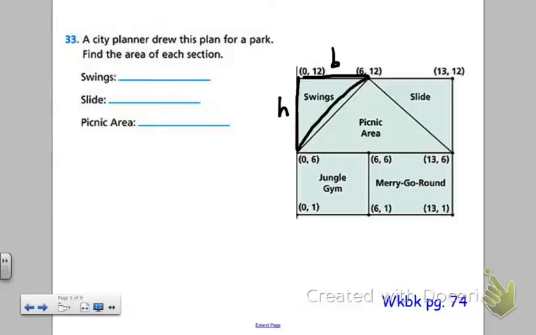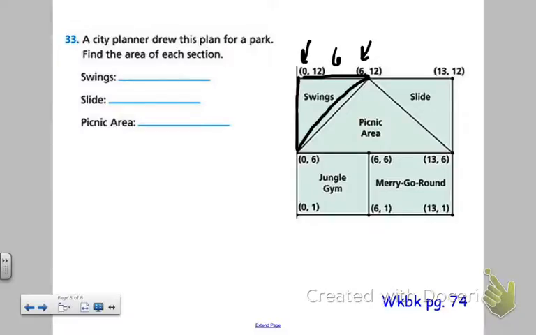Okay? Let's start with the base. Notice that the base is a horizontal line, which means I can subtract the x coordinates, and my x coordinates here are 6 and 0. 6 minus 0 is 6, so I know the base is 6. Now let's look at the height.